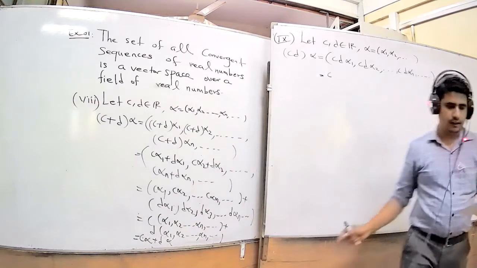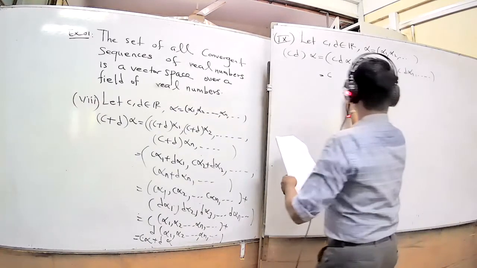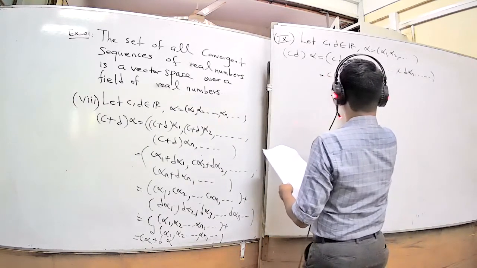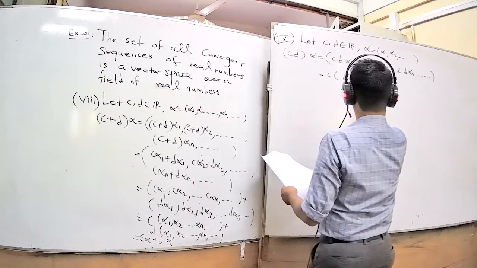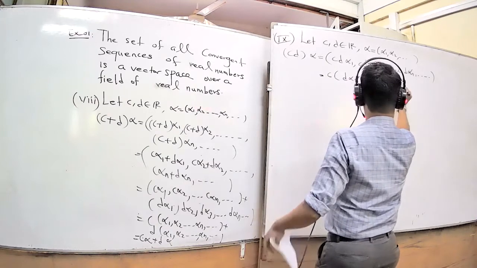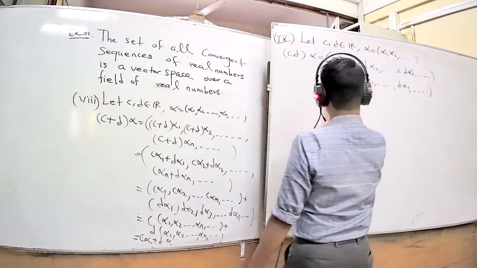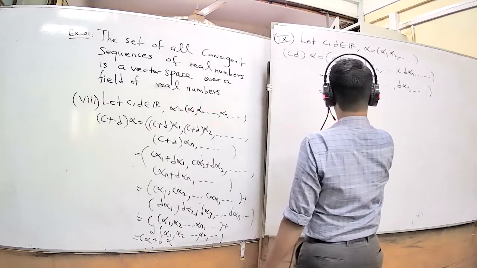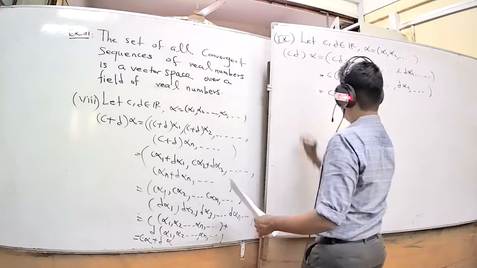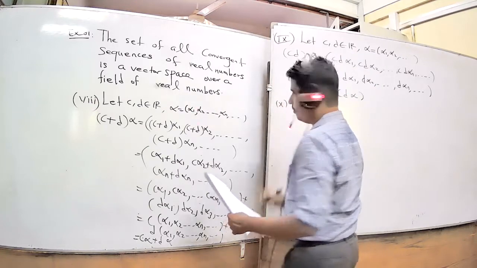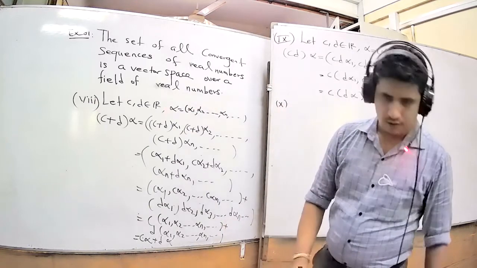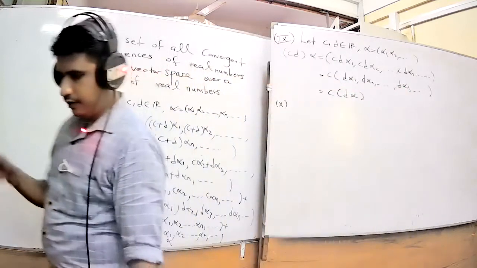We write this as c times (d alpha 1, d alpha 2, ..., d alpha n, and so on). So this is c(d alpha). Okay, next is axiom number 10. Now we will verify axiom number 10.